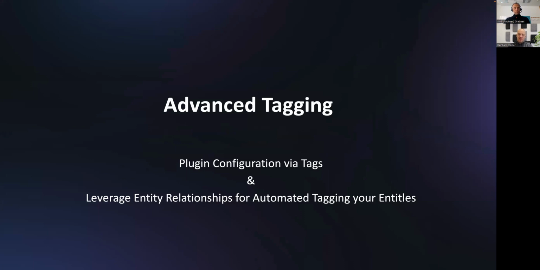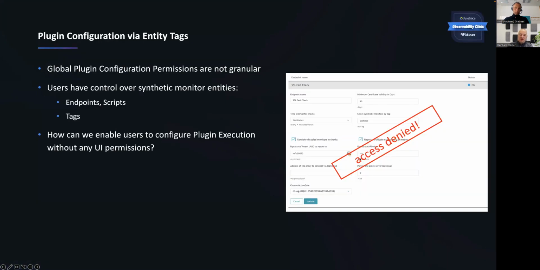And there's another one that I also got great feedback on that I want to share with you: using the entity relationships of the Dynatrace entity model for automated tagging of entities, with a typo in here. That also received a lot of great feedback.